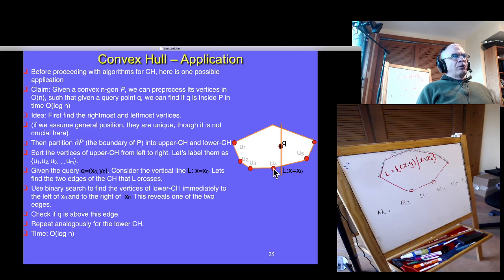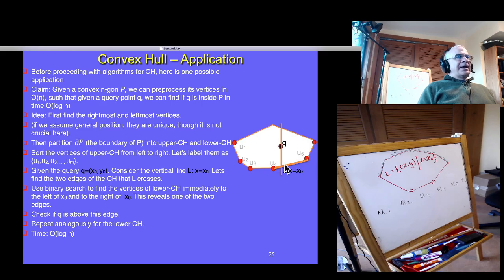That is, I'll get the rightmost point which is to the left of L, and I'll get the leftmost point which is towards the right of L, which tells me that the edge connecting these two vertices that my search ended with must be crossed by L, because one point is just to the left of Q and one point is just to the right of Q. These are the two closest points among the points in the lower convex hull. Remember, I'm doing this exercise for the lower convex hull, and now I find this edge.